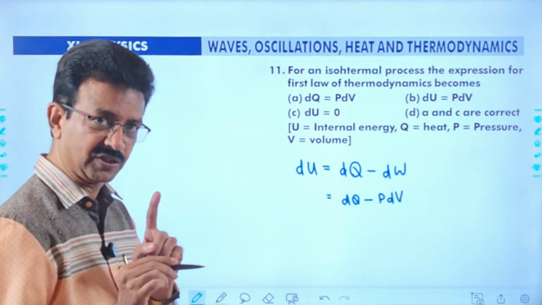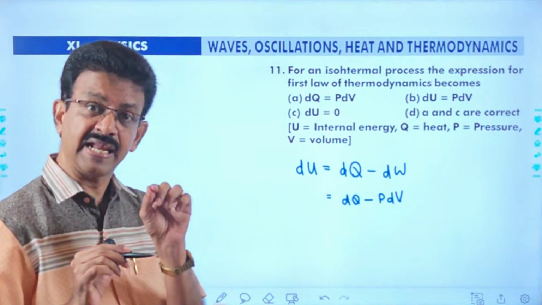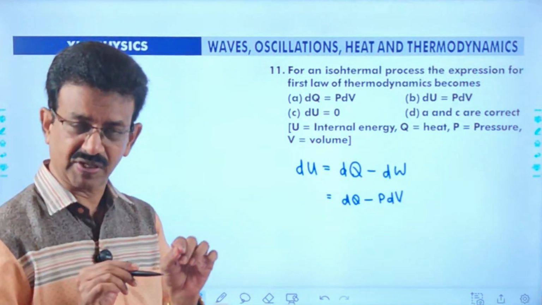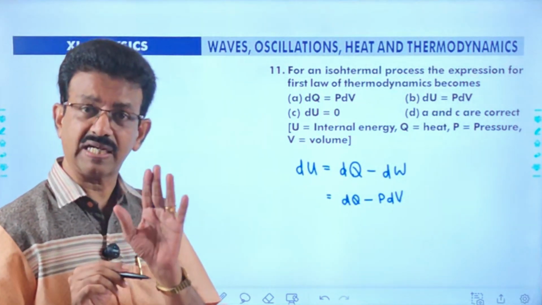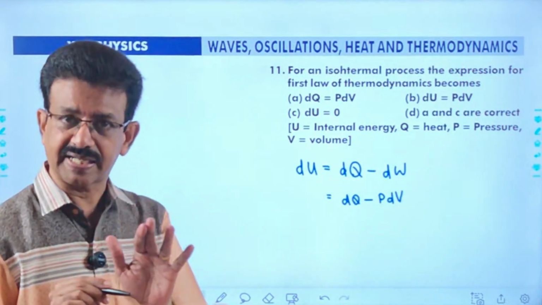This is the first law, and internal energy is a contribution of the first law of thermodynamics, and in the first law the conservation of energy is satisfied.